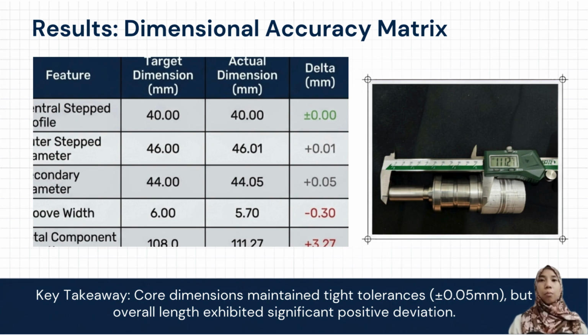The groove width showed a deviation of minus 0.30 mm, and the largest error was found in the total component length with a deviation of plus 3.27 mm. Overall, the core dimensions were maintained within tight tolerance, demonstrating successful CNC machining performance, although improvements are needed to reduce the length variation.